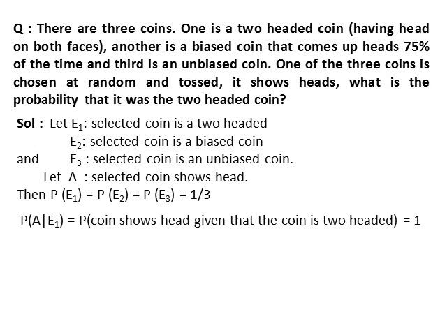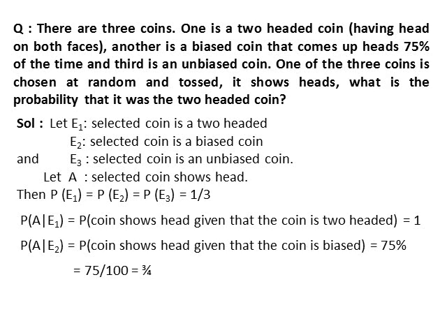Now P(A given E1) is the probability that the coin shows head given that the coin is two-headed. It's a sure event, so the probability of A given E1 equals 1. Now P(A given E2) equals the probability that the coin shows head given that the coin is biased. There is a 75% chance that head appears on a biased coin.